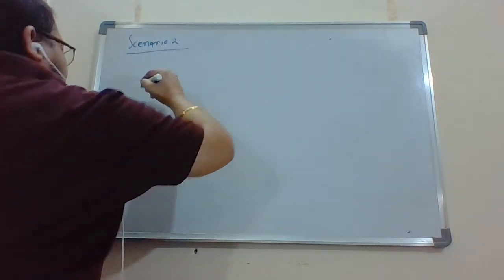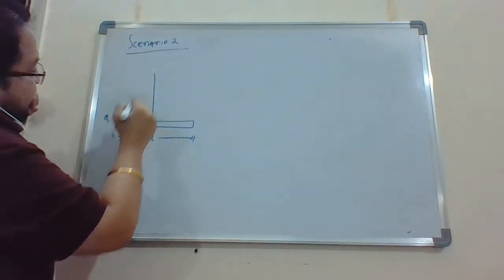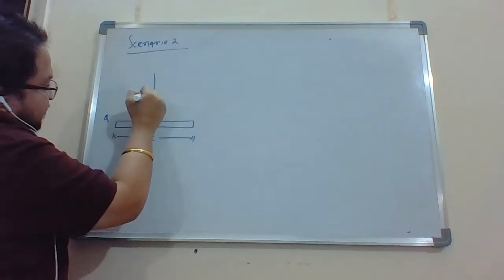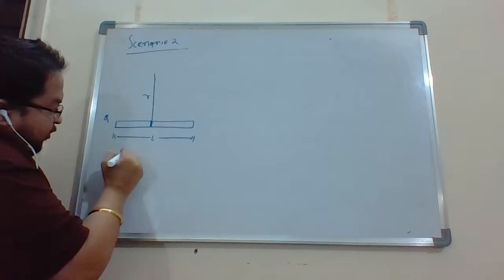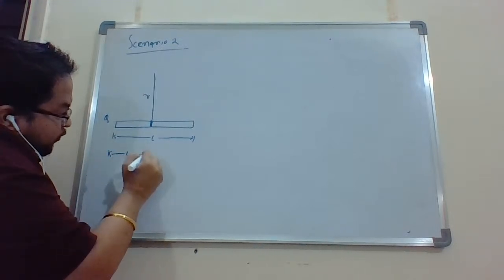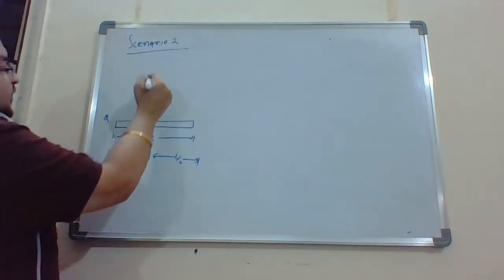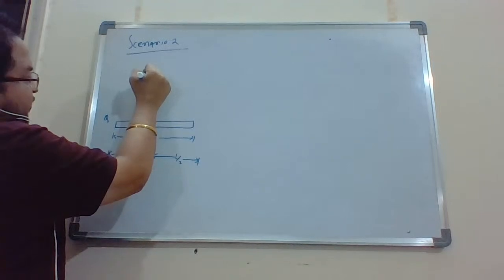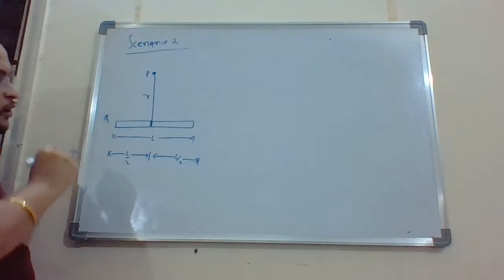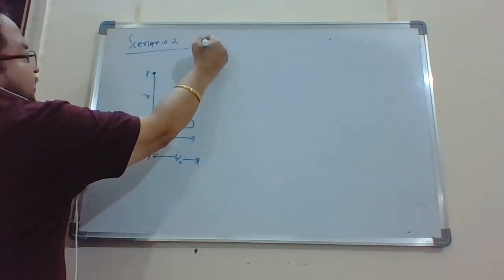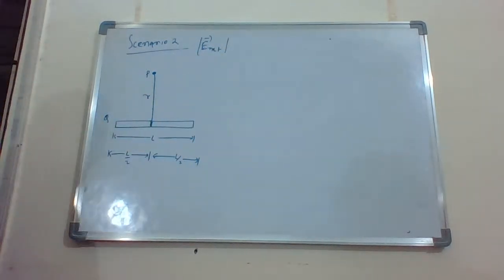My drawing is not so great, so you need to compromise with that. So at a distance r on the perpendicular bisector, obviously this is L by 2 and this distance is also L by 2. In this scenario, at a point P, which is a distance r from a uniformly charged rod, what would be the net electric field intensity's magnitude? Let us try to find out.